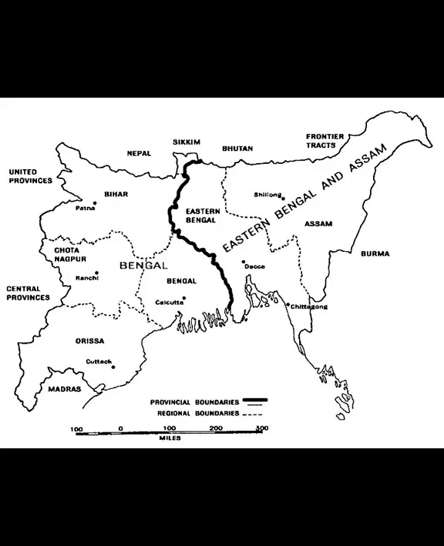Surendranath had suggested that the non-Bengali states of Orissa and Bihar be separated from Bengal, instead of dividing the Bengali-speaking community in two parts. Lord Curzon did not accept the suggestion.